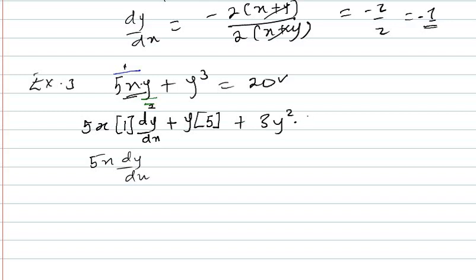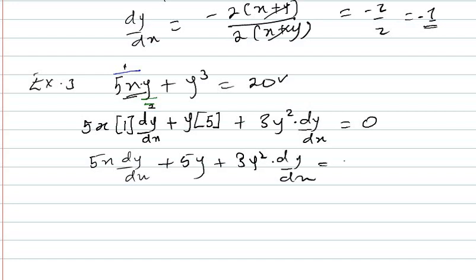Since we are differentiating y, we add dy/dx. And the derivative of 20 is just 0. So we have 5y plus 3y² dy/dx. We make dy/dx the subject by merging the two terms and moving the other to the other side.